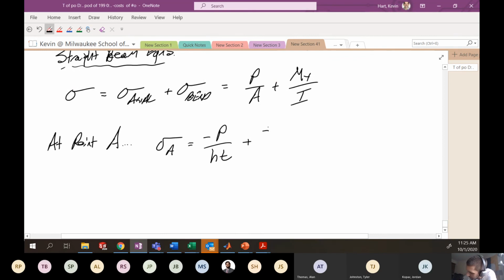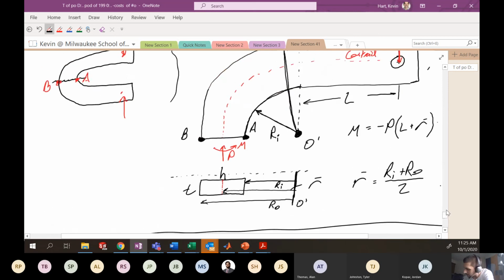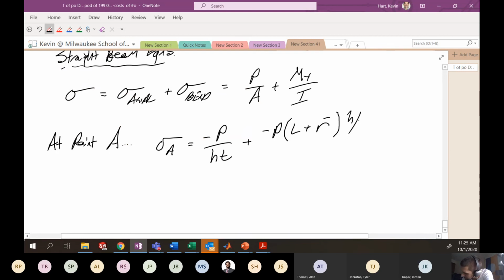All right, so this is plus negative P times the moment arm, which we said was L plus R bar, multiplied by the location of A in the cross section, which is this variable Y. Well, the location here is this distance, which is H on 2, divided by the area moment of inertia in this cross section, which for a rectangle is 1/12 BH cubed, so 1/12 TH cubed.